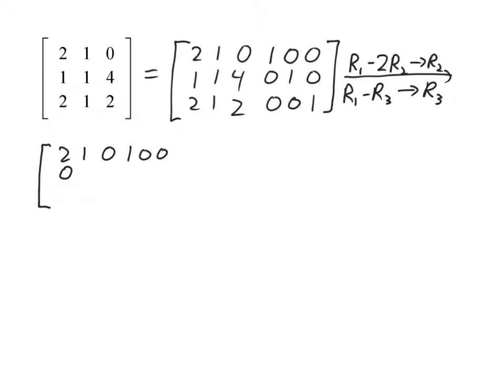Then 1 minus 2 is negative 1. Then 0 minus 8, so that's negative 8. Then 1 minus 0, which is 1. Then 0 minus 2, which is negative 2. And then 0 minus 0, which is 0.